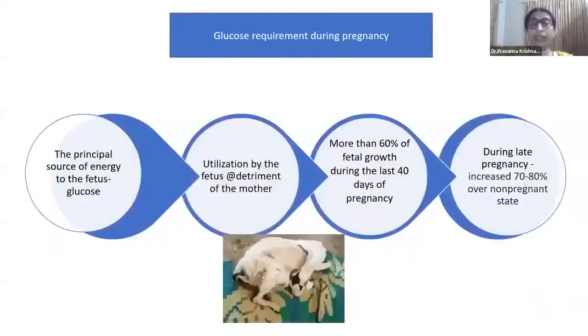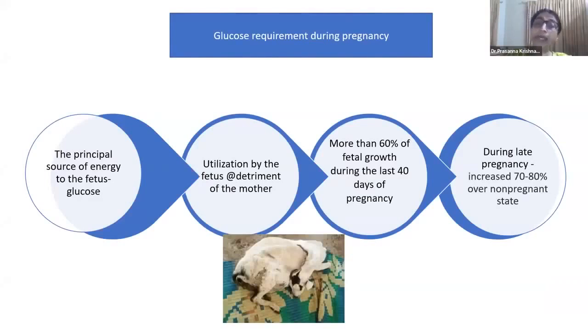The essential nutrient, glucose metabolism, plays a role in this condition. We know that the principal source of energy to the fetus is glucose, and utilization by the fetus is actually happening at the detriment of the mother. It is from the mother that the required glucose is given to the fetus.